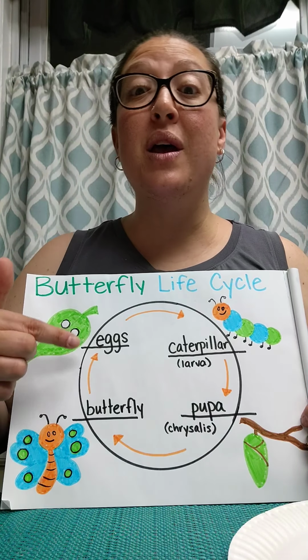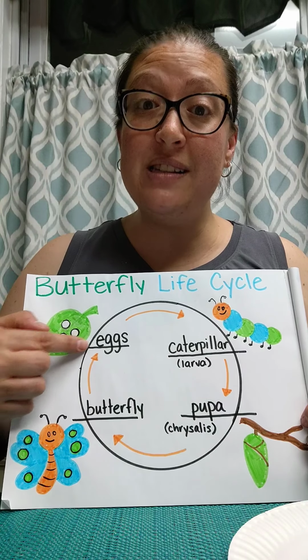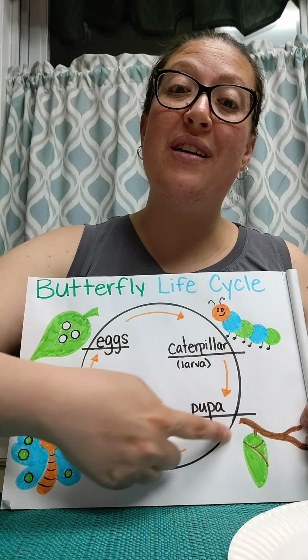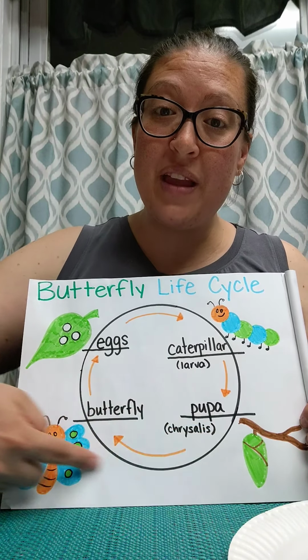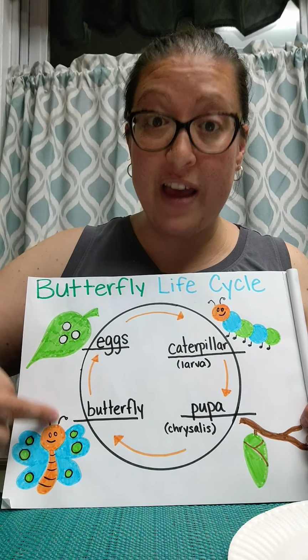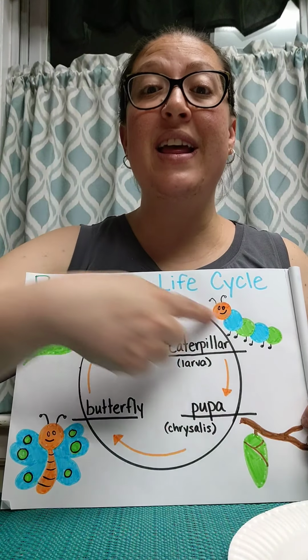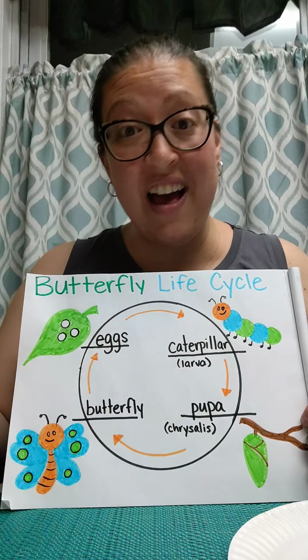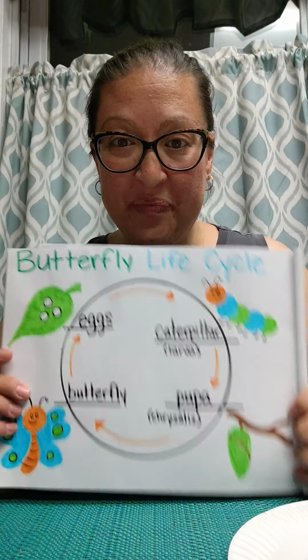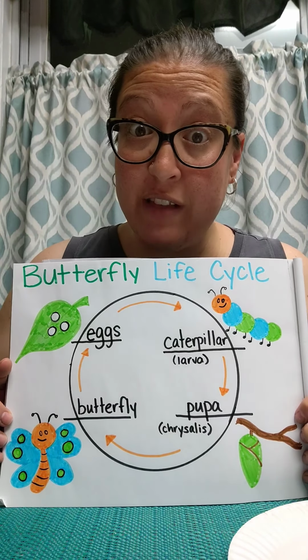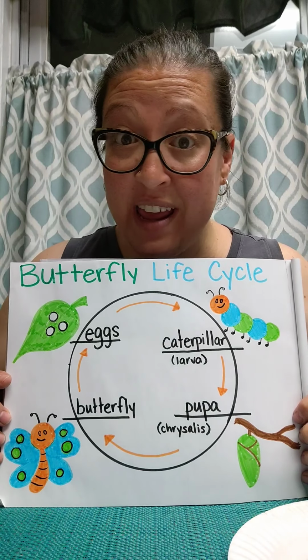And the butterfly lays eggs that become a caterpillar, that become a pupa, that become a butterfly. And it goes on and on and on. It's the circle of life, if you've seen The Lion King.